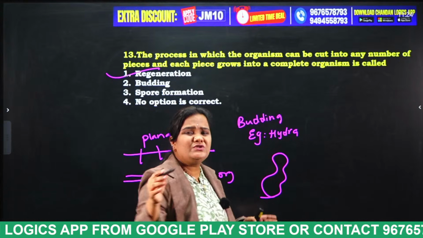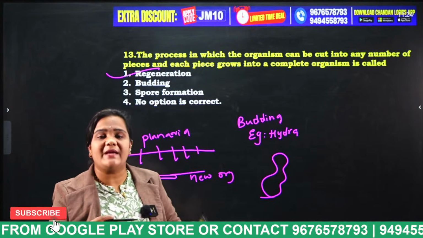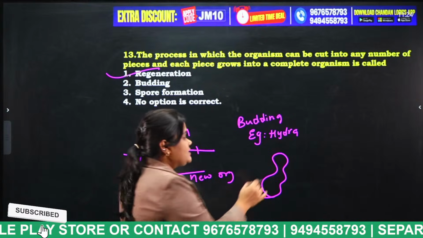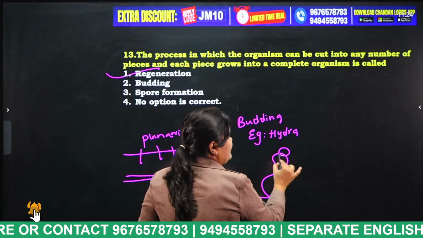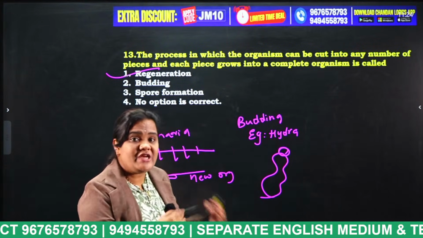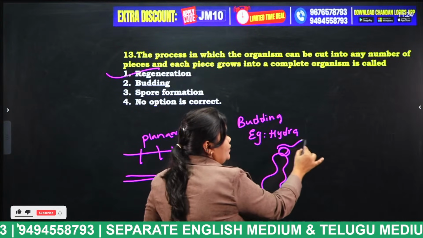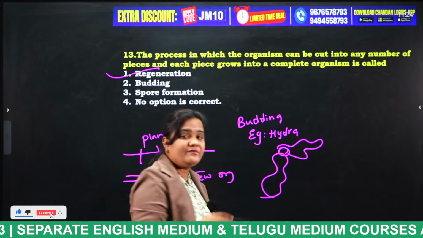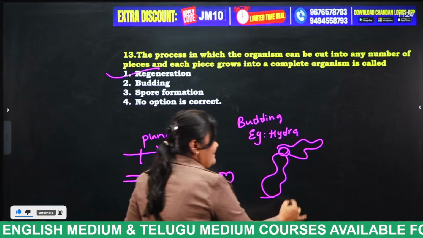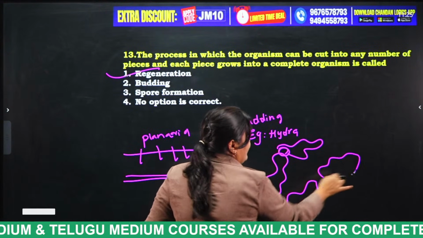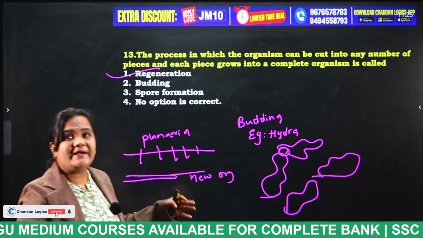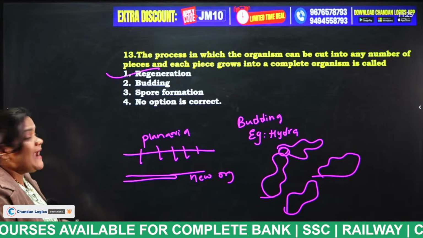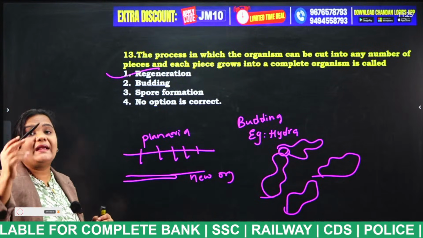Due to something happening in the hydra, a bud will be generated. Eventually, this bud will grow and a separate organism will be created and separated from the original one. This type of process we call it as what, students? Budding. And fragmentation is for earthworms.